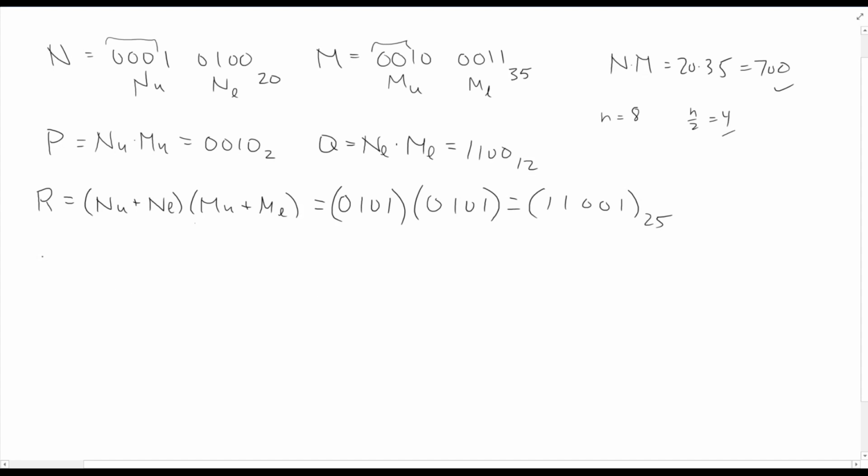So now what we actually needed was r minus p minus q, and sometimes this is the step that we forget when we're doing Karatsuba, is we've calculated our middle term here, but not quite. We need to subtract off those other values. So it looks like here we've got 25 minus 12 minus 2.